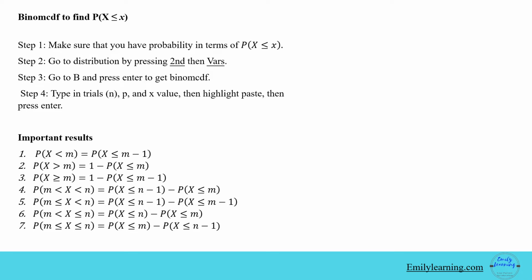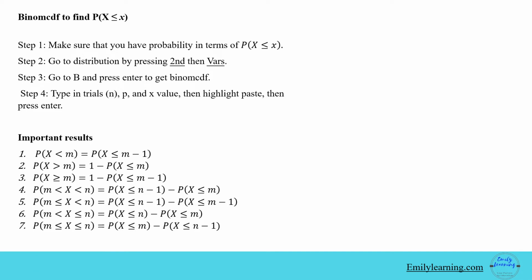Now that we have talked about how to use the graphic calculator to find Binomcdf, I want to talk more about the conversion to P of X lesser than or equals to x, which you need to do in step 1. I give a lot of important results here, but I do not want you to memorize them. Instead, I want to show you how you can derive this by drawing a number line.